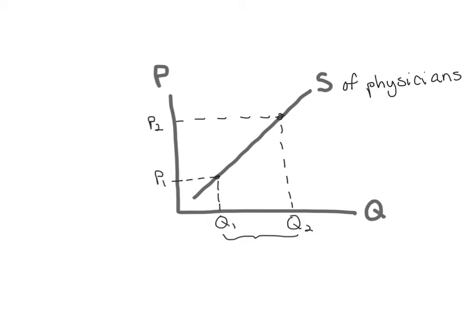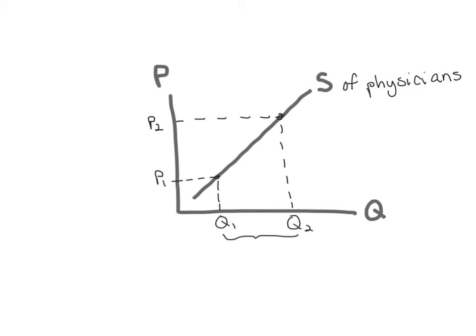Okay, and if the price of a physician, or you could think of it as the salary a physician gets paid, increases from P1 to P2, okay, then we expect more physicians to enter the U.S. healthcare market, driven by that higher potential salary, and so we see an increase in the quantity of physicians being supplied, in this case from Q1 to Q2.